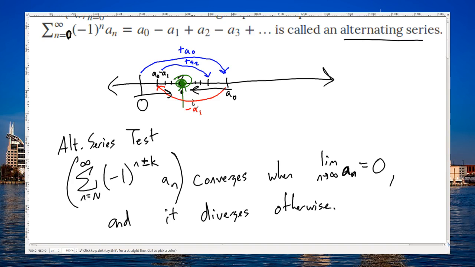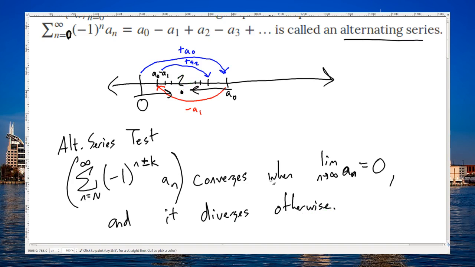All right, that's the picture if the limit is equal to 0. All right, what if it is not 0 though? Well, what's going to happen is that it's going to keep going around in a circle, but it's never going to meet anywhere in the middle. It's just going to keep going here to here to here to here. It's not going to converge to any single point here in the middle, and that's why it diverges.